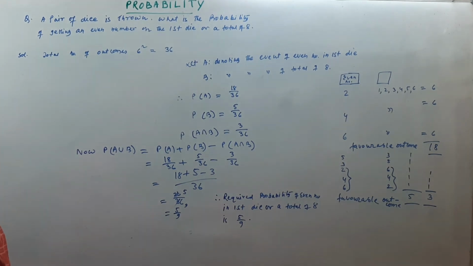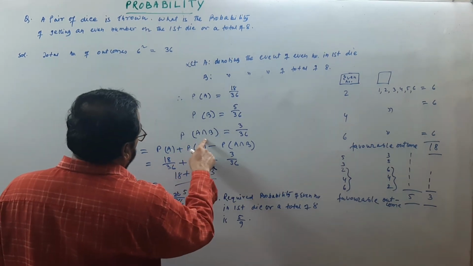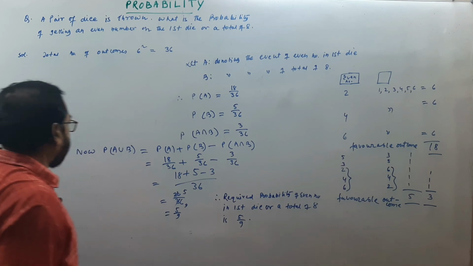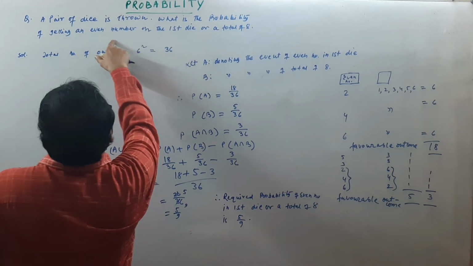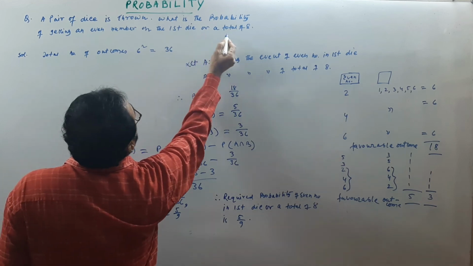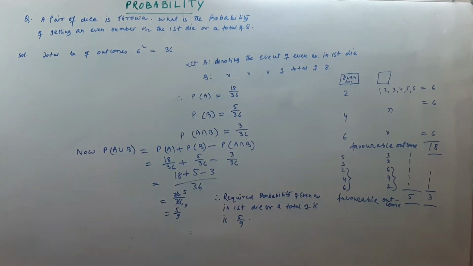Now, all these 3 probabilities are available: PA is 18 by 36, PB is 5 by 36, and P of A intersection B is 3 by 36. Now you have to apply P of A union B, that is an even number in the first die or a total of 8, that is when at least one of the events A or B will occur.